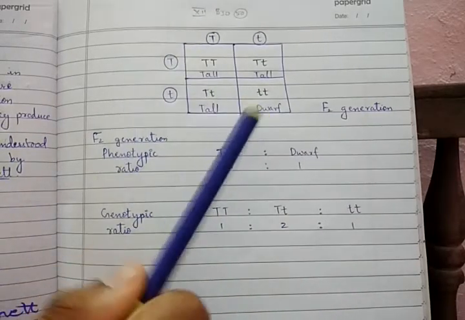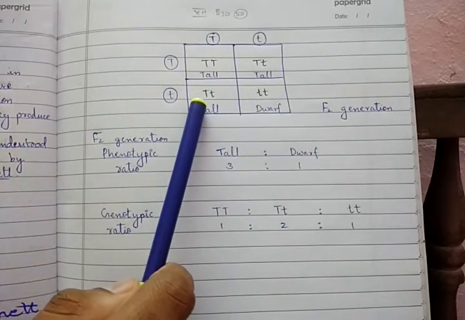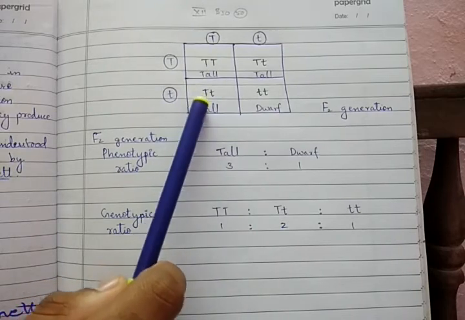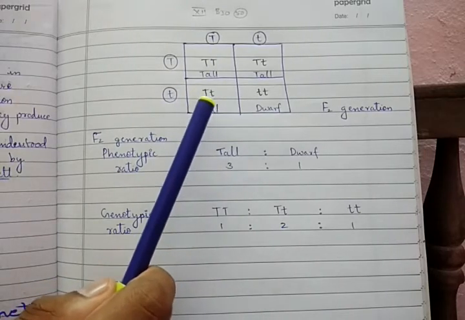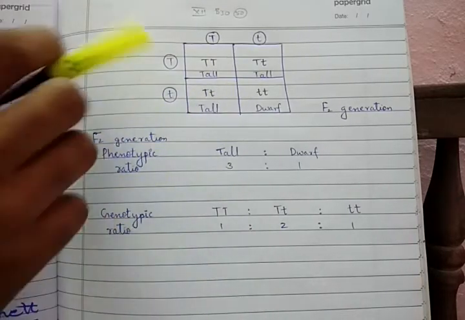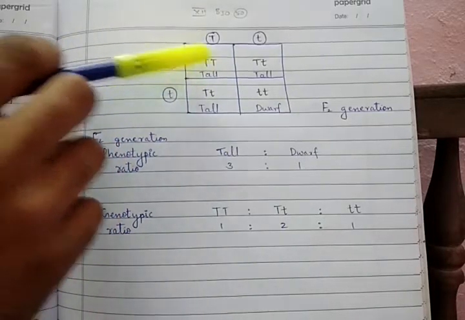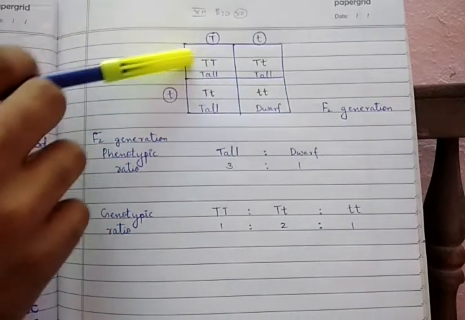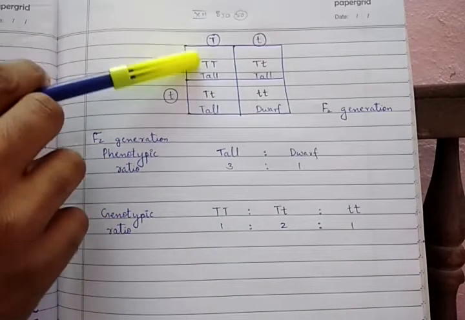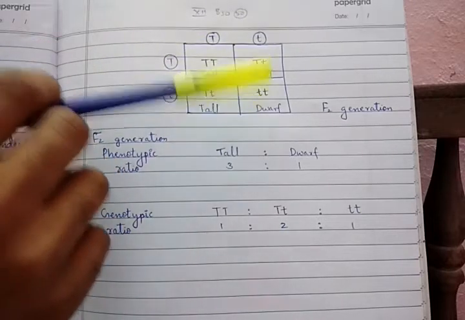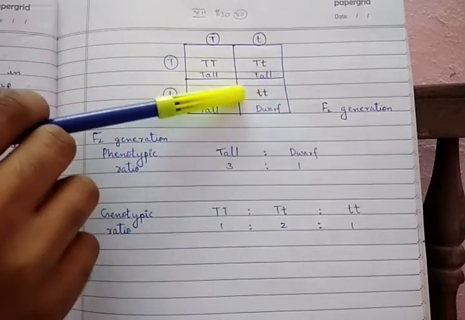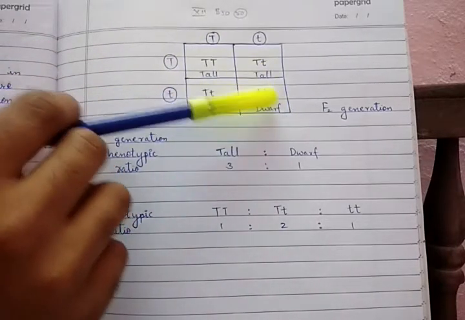Capital T, small t. Always write the capital character first, because the capital character shows the dominant character. We had said in the previous class. Is there any dominant character in this? No. Both of them are dominant. So they are homozygous. Is there any here? No. Both of them are recessive. So they will be expressed as they are.